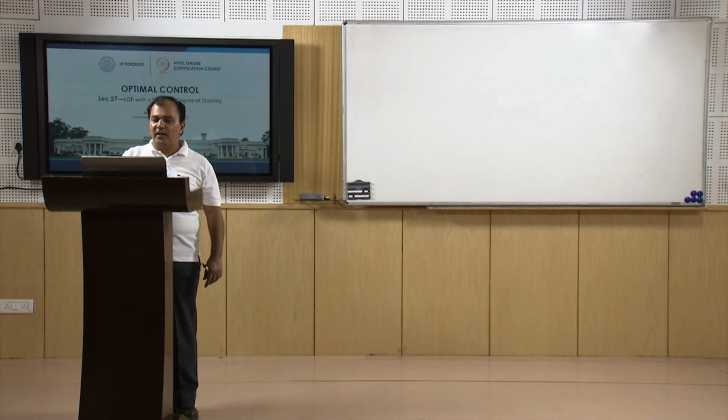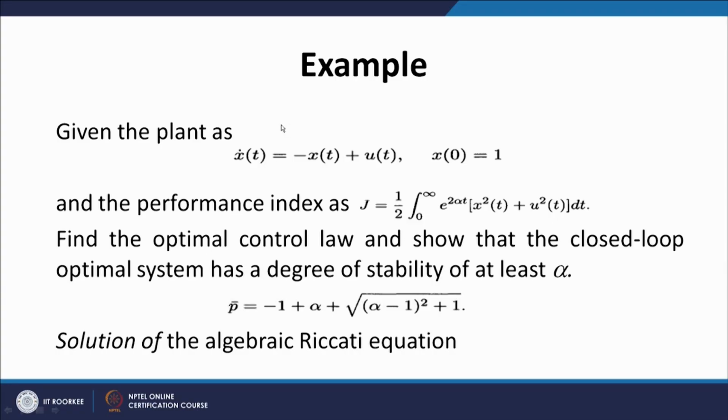Let us take a very simple example. We take a first order system x dot t equal to minus alpha x t plus u t with x 0 equal to 1, and we try to minimize the performance index given as J equal to 1 by 2 integral 0 to infinity e to the power 2 alpha t times x square t plus u square t dt. The objective is to find the optimal control law and show that the closed loop optimal system has a degree of stability at least alpha.